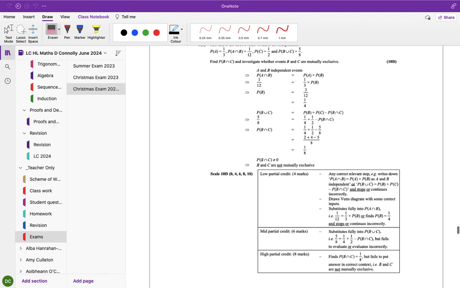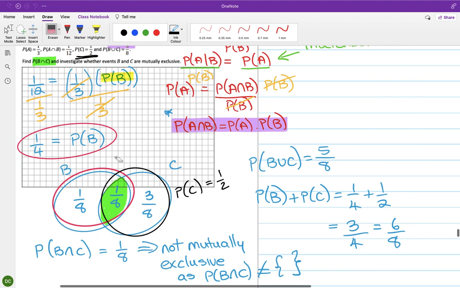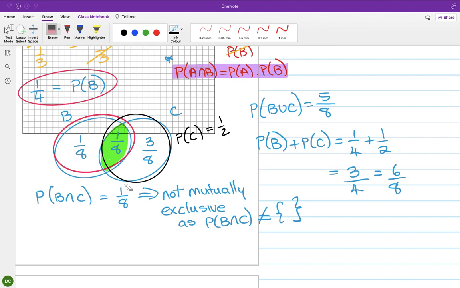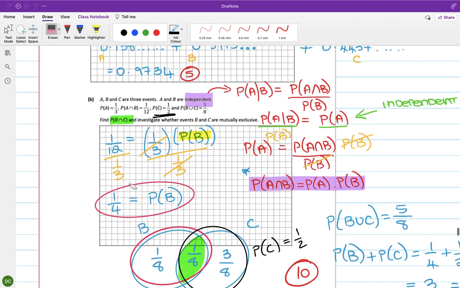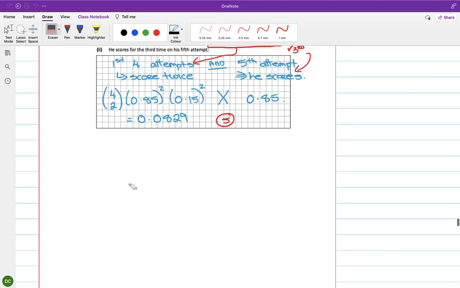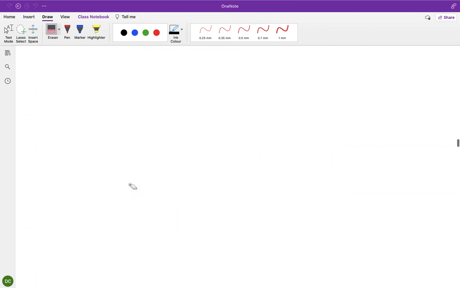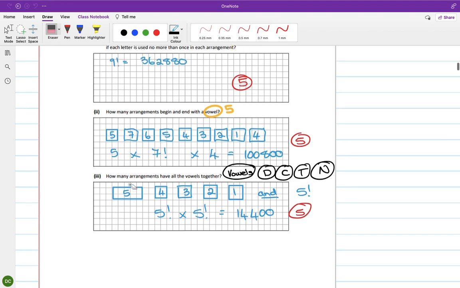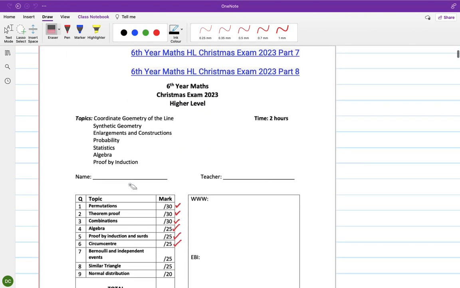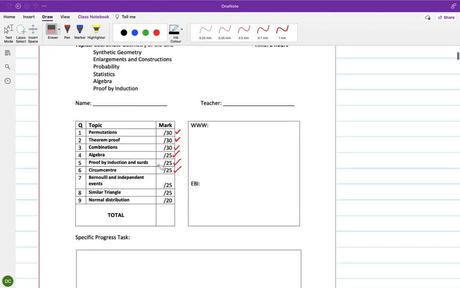So an eighth, the probability of the intersection, so B and C are not mutually exclusive. 10 marks. It's actually kind of a nice question. So that's question 7, which is 10, 15, 20, 25.